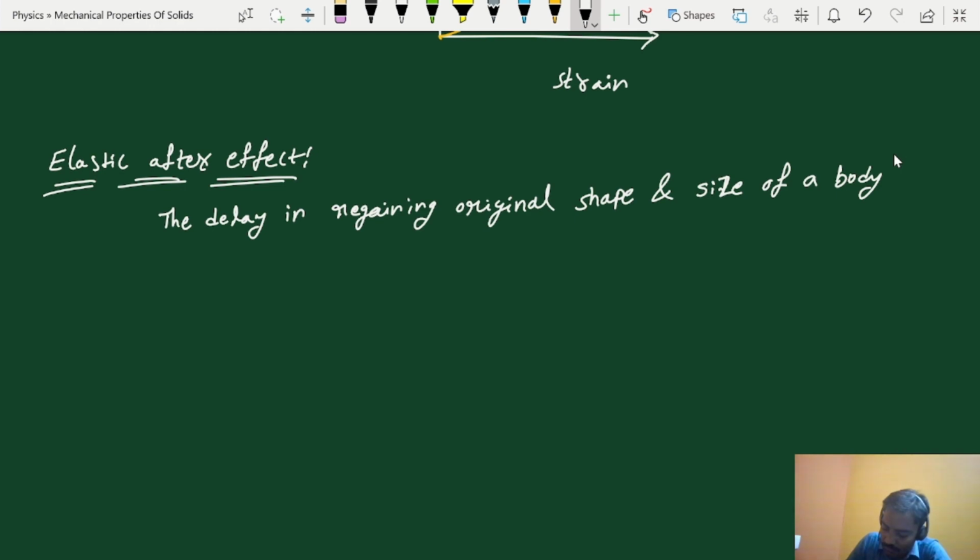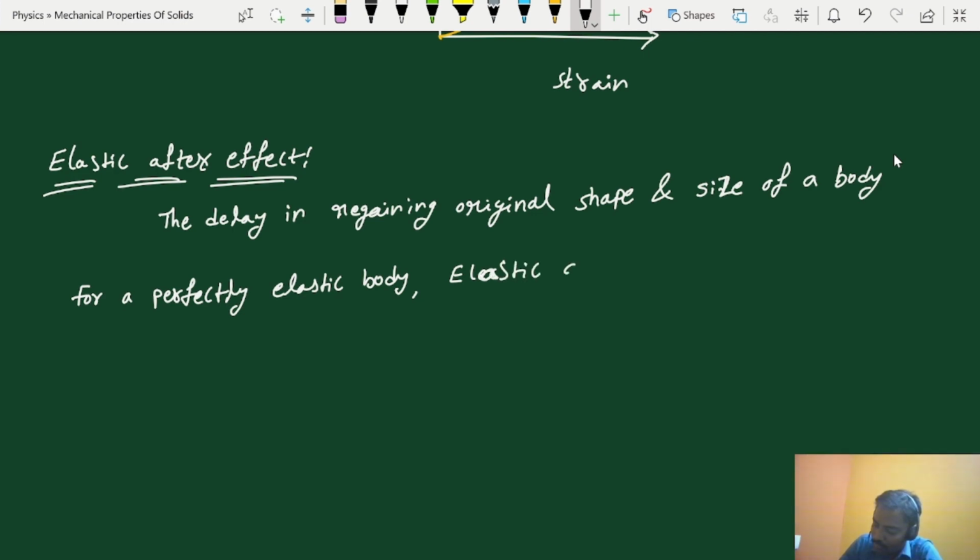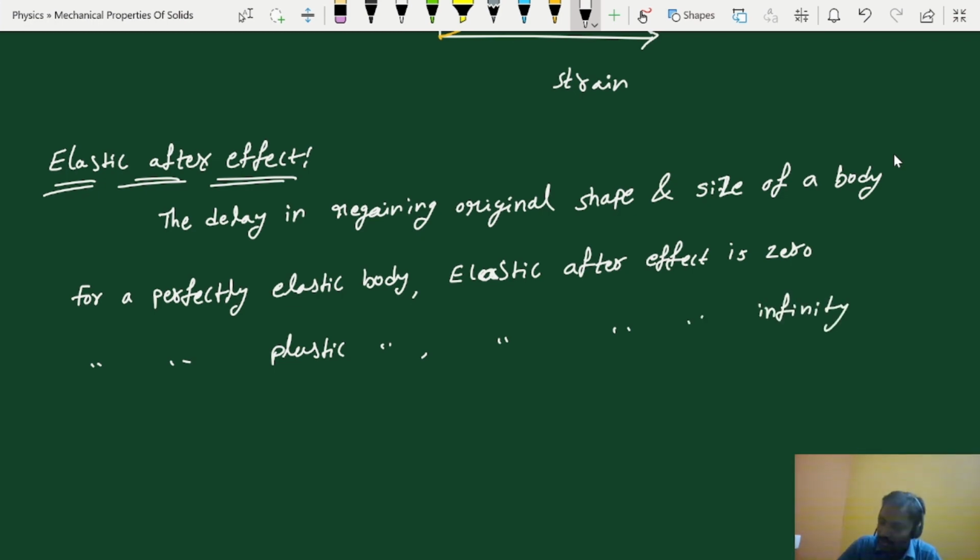For example, for a perfectly elastic body, elastic after effect is 0 because there is no delay in regaining the original shape and size. For a perfectly plastic body, elastic after effect is infinity. Right, students?